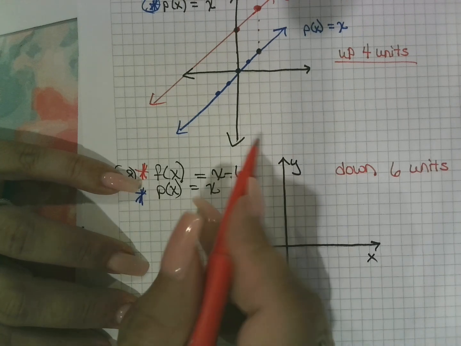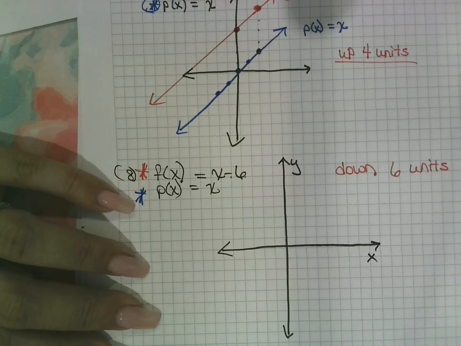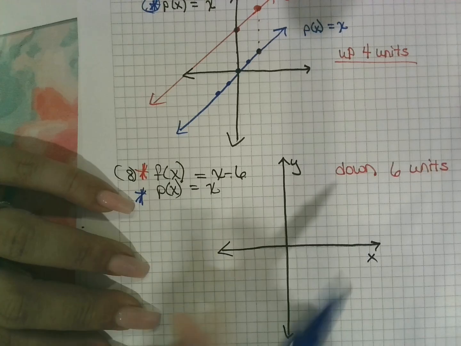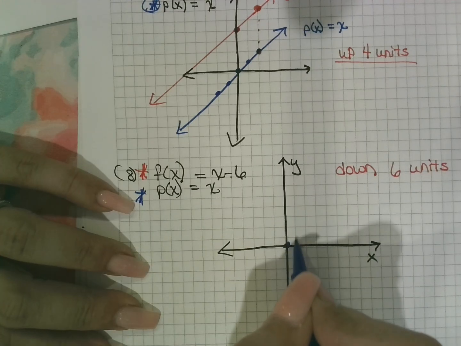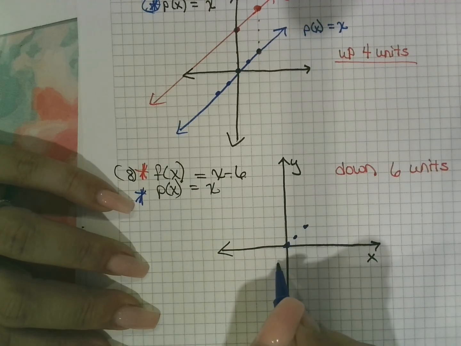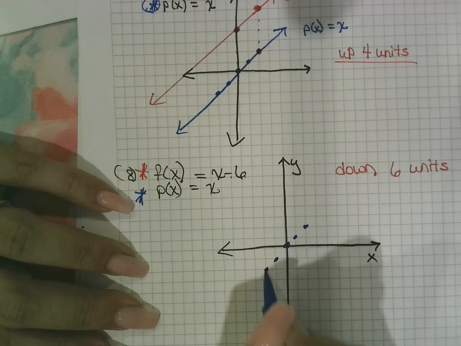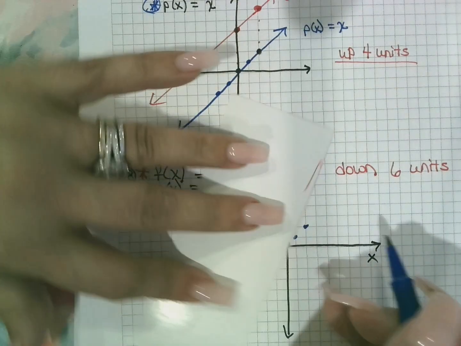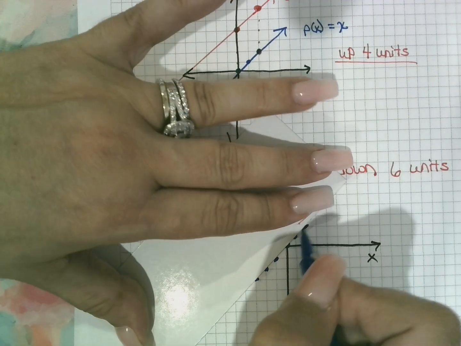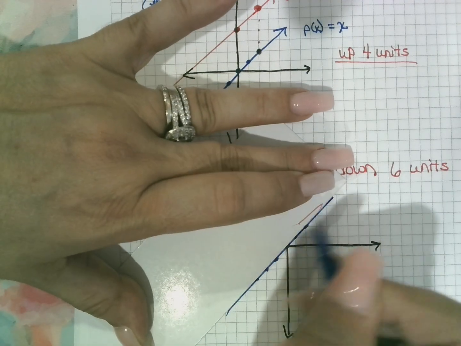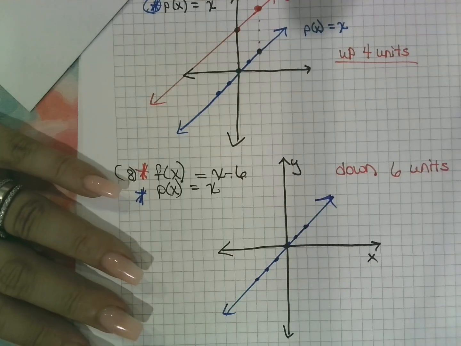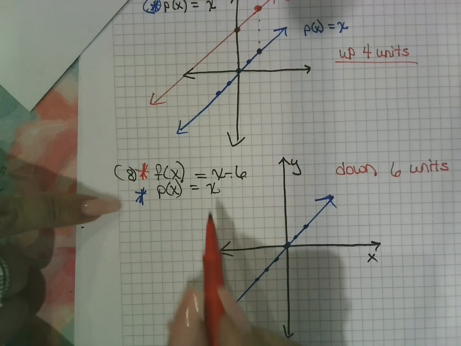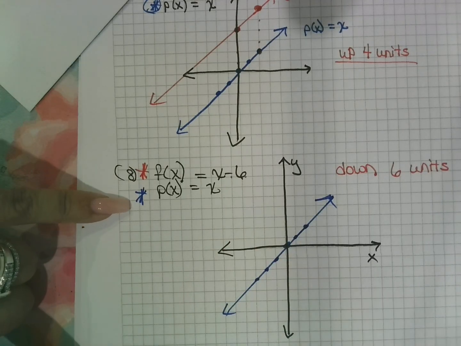So we're going to graph the original function, the parent function, which is this identity right here, right? 1, 1, 2, 2, 3, 3, negative 1, negative 1, and so on. Again, you only really need 2 points to draw a line. And then we're going to look at the transformation, which is down 6 units.